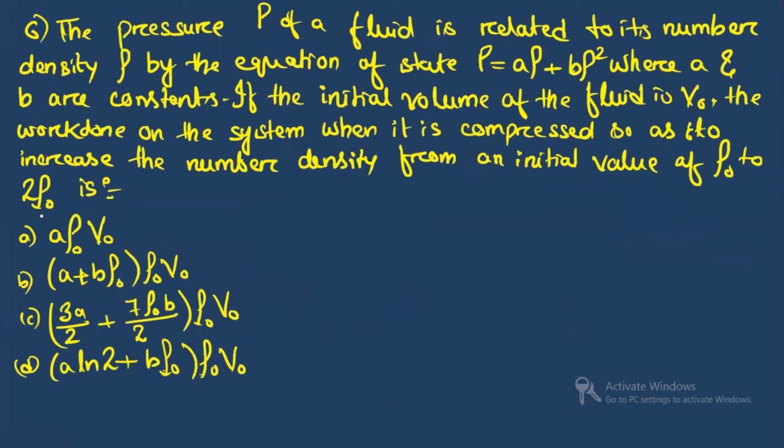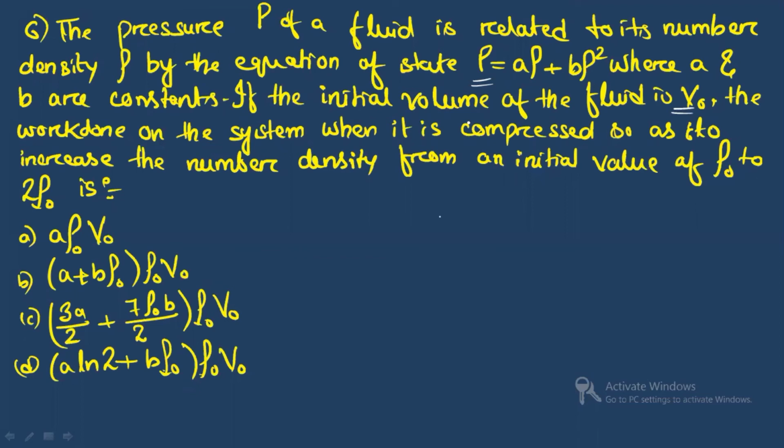Next, you see the pressure P of a fluid is related to its density by the equation of state given here. This is the equation relating the pressure of a fluid with its density. Here A and B are constant terms. The initial volume of the fluid is V naught.